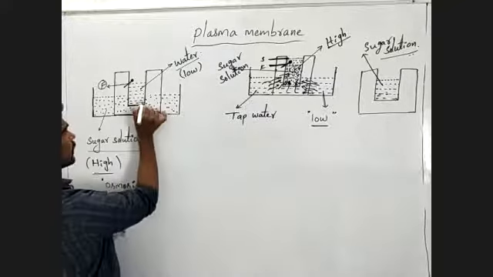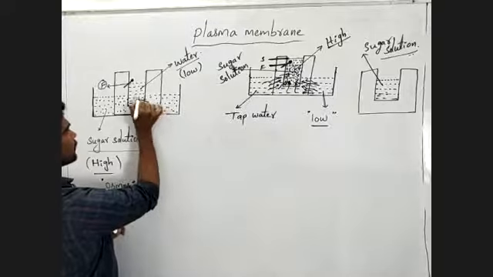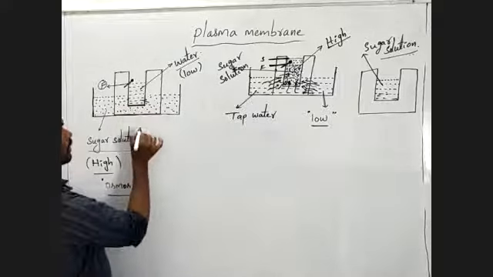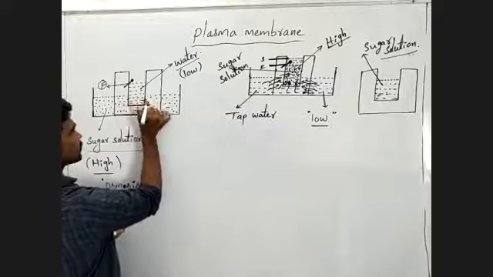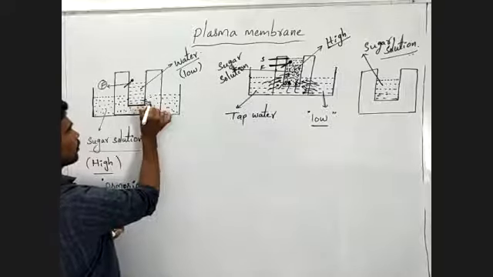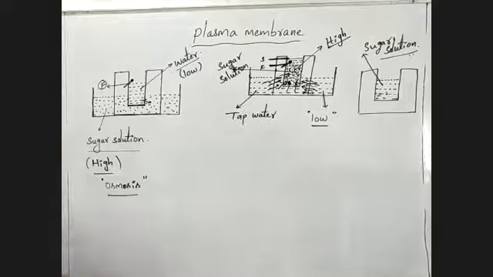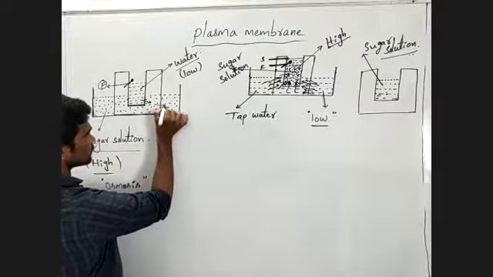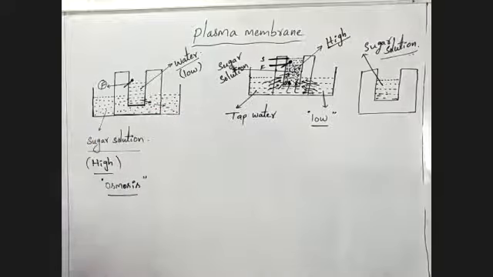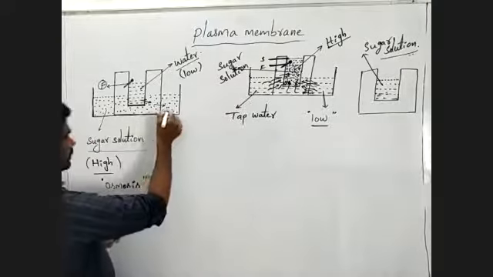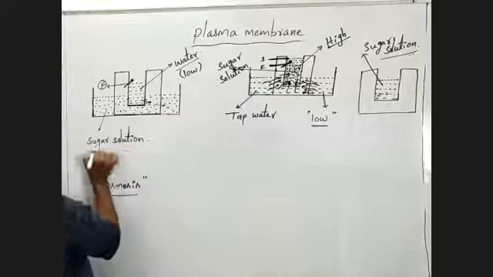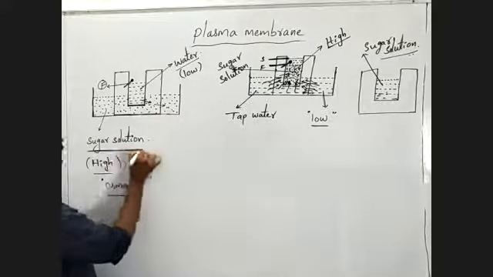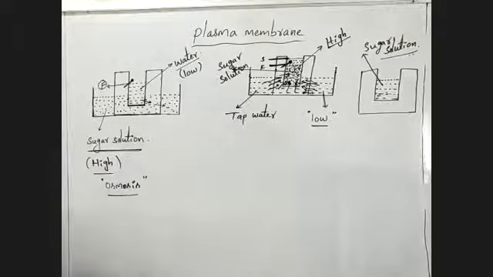Observe carefully. First here, from the water present in the cup, water molecules move into the cells of the potato. Then from cells of the potato, they are transported into the high concentrated sugar solution.